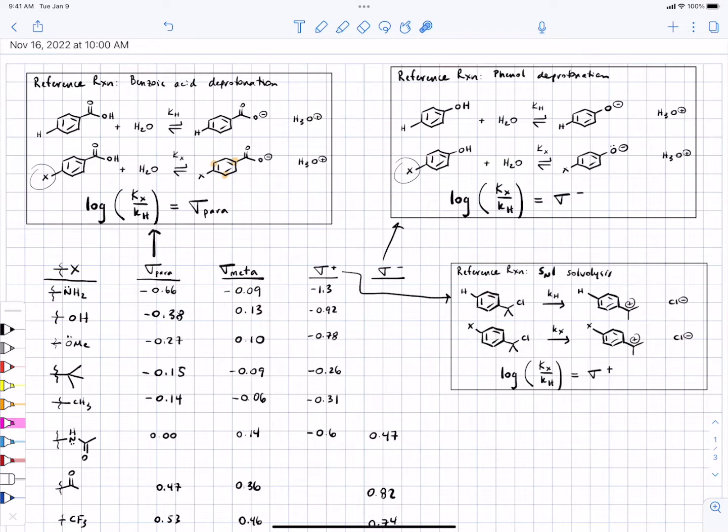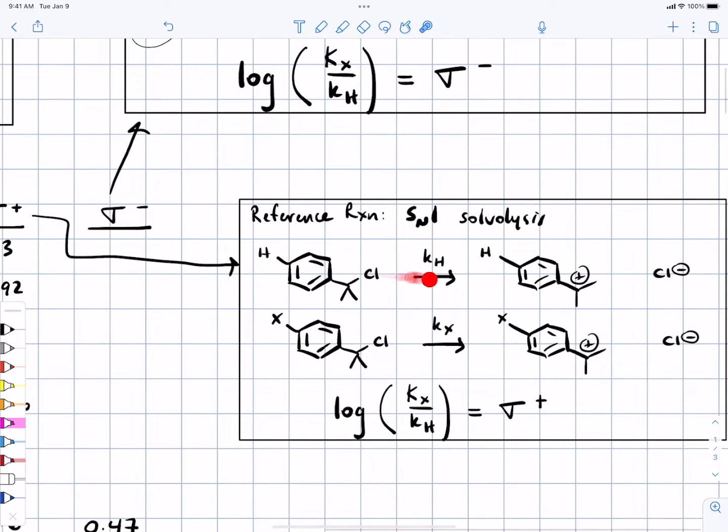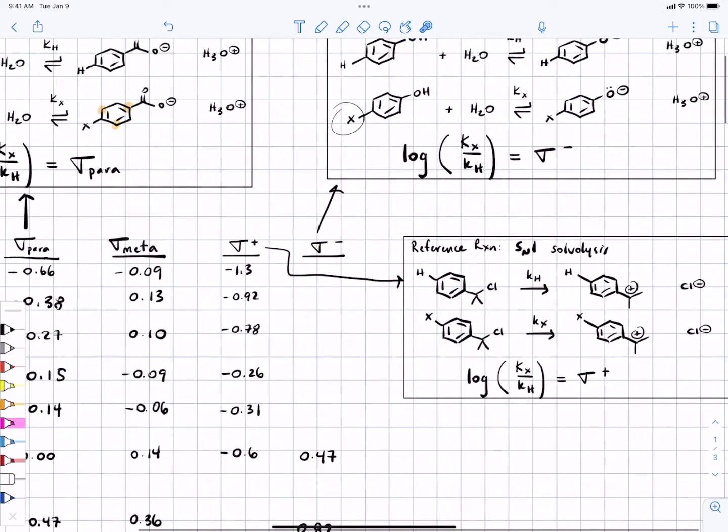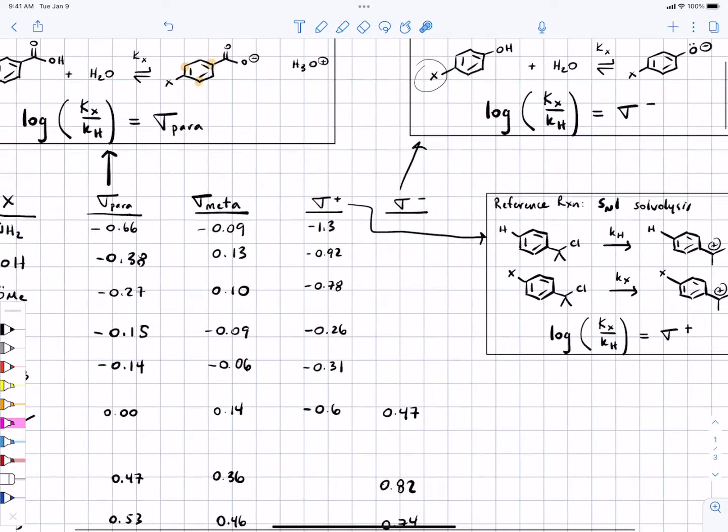Now, you might expect for this solvolysis reaction, things that stabilize positive charges should make it more favorable, not less favorable. So wouldn't the sigma values be backwards from what you would expect? And the answer is yes, and so to prevent that, we just add a negative sign.